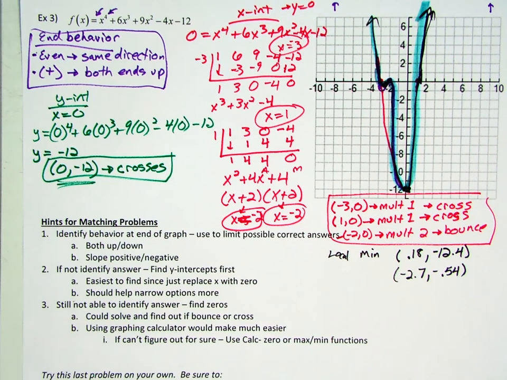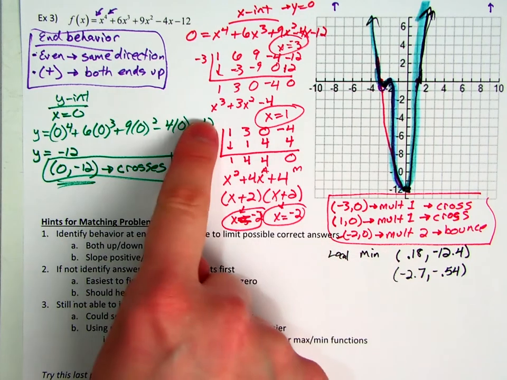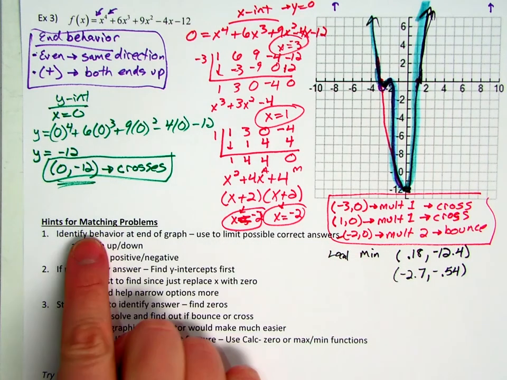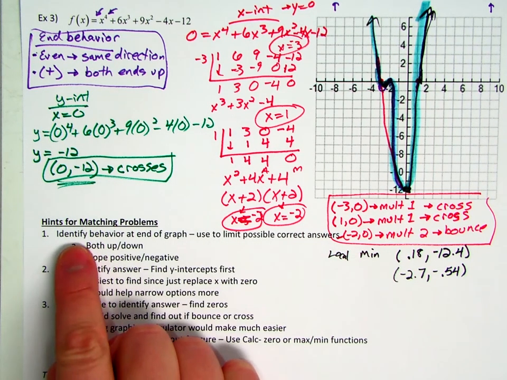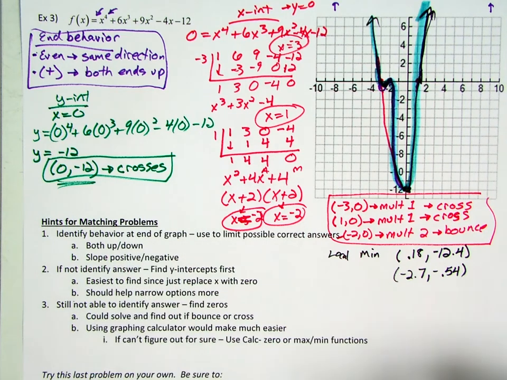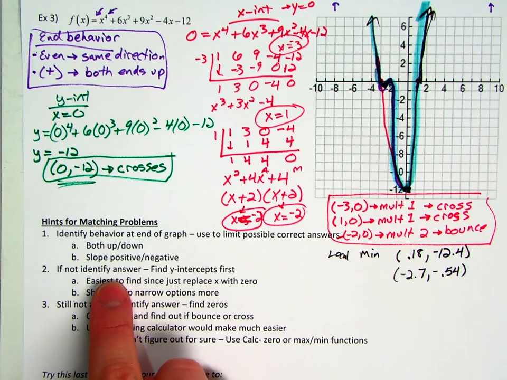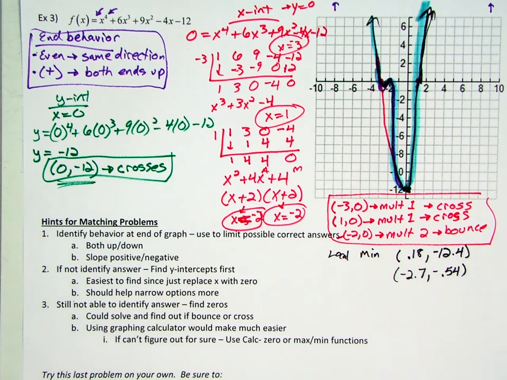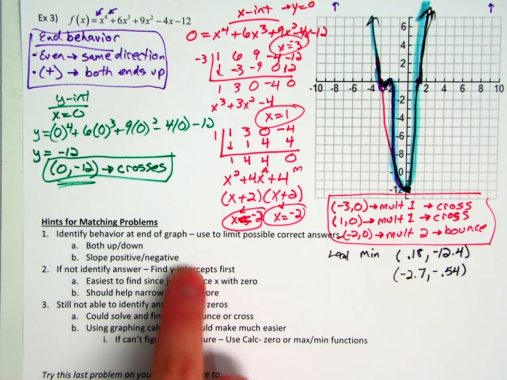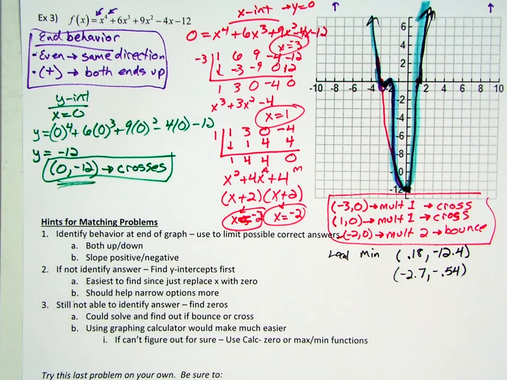And instead of having to go through all this process with them, if it's matching, you can literally just go through and do process of elimination, identify the end behaviors, make sure that it matches, identify any y-intercepts, make sure that it matches. If that still doesn't work, then go ahead and find the zeros. But these two things, end behavior and the y-intercept, should give you a really good way to eliminate a whole bunch of options so you only have one or two left.